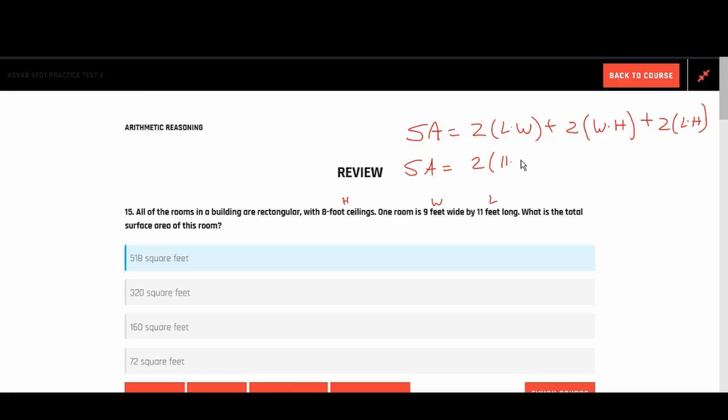So let's plug it in. This is 11 times 9 plus 2 width times height. This is 9 times 8 plus 2 length times width. Length times width is 11 times 9. Let's keep working this out. 9 times 11 is 99. 9 times 8 is 72.